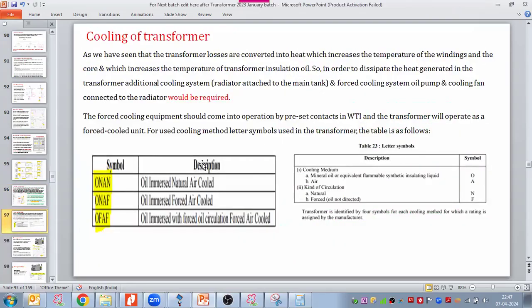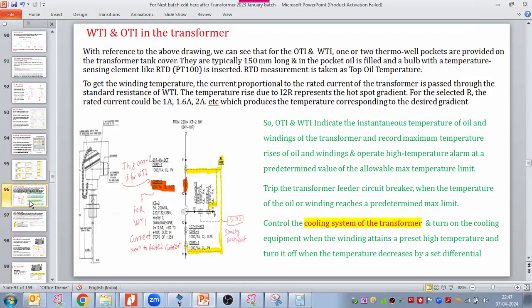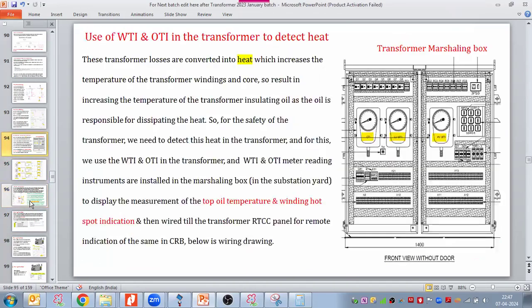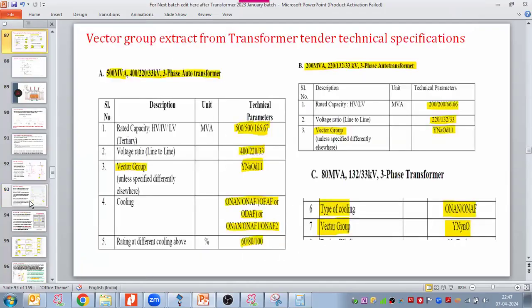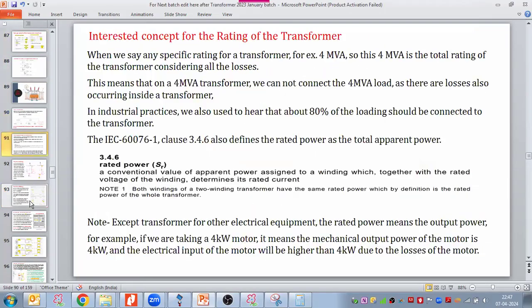So let us see that. We have seen the transformer. Before coming to the cooling, am I clear why we use the WTI and OTI? We discuss the losses.